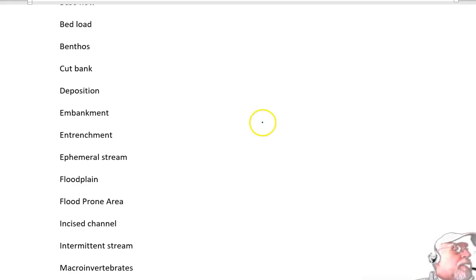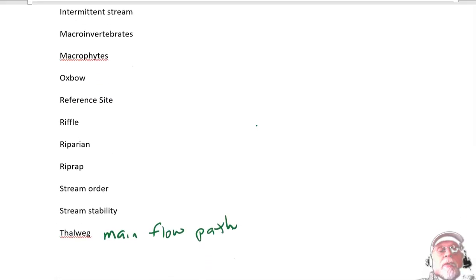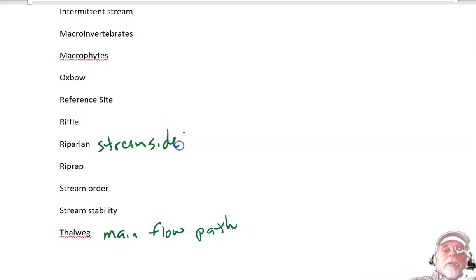The other one I want to mention, just in general, is the term riparian. Riparian refers to a stream. When we think of the riparian zone, we think of the stream side.